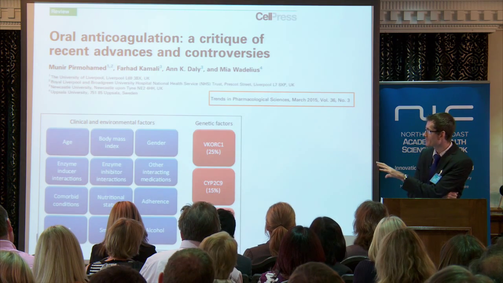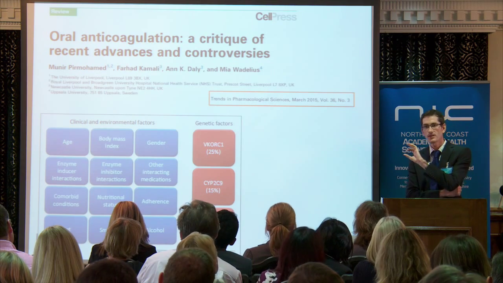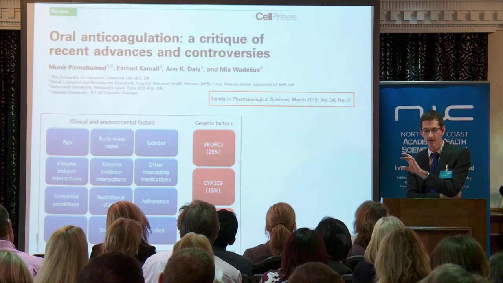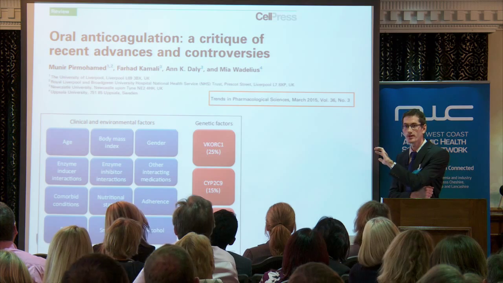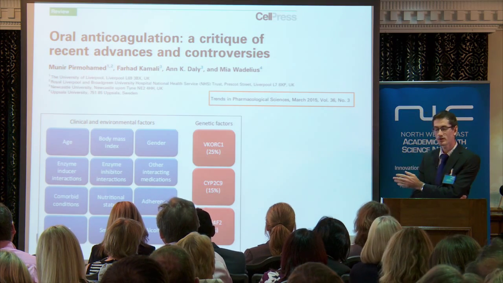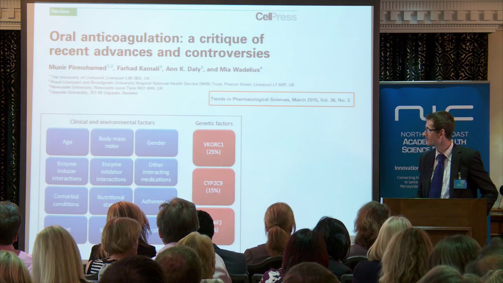When you look at the different factors which affect warfarin dose requirements, what's interesting is it's the genetic factors that contribute the largest amount of warfarin dose variability, and in particular it's common polymorphisms within the warfarin therapeutic target, VKORC1, which contributes a quarter to the dose variability that we see in clinical practice.